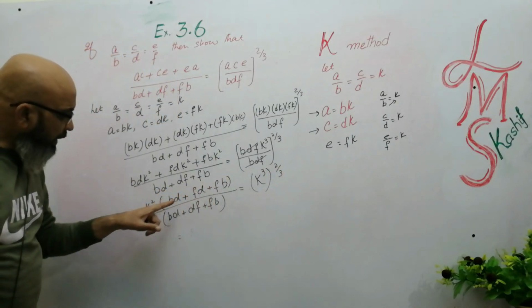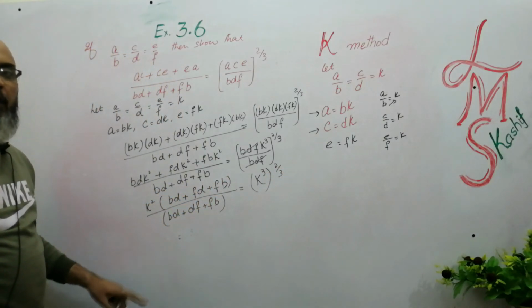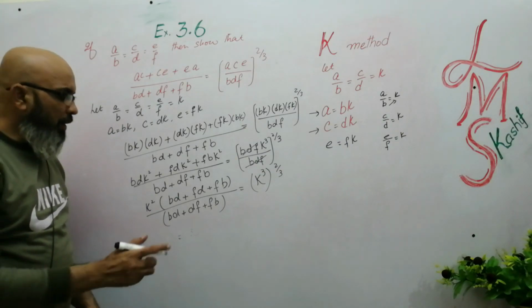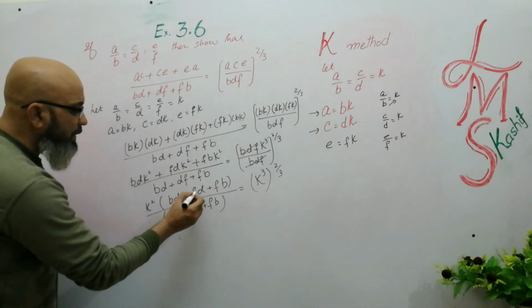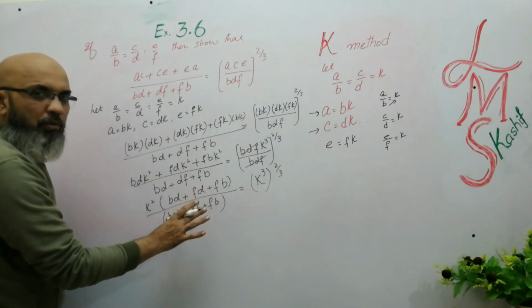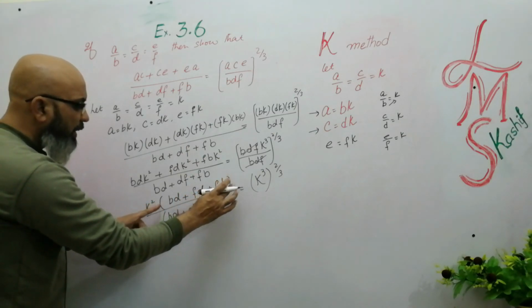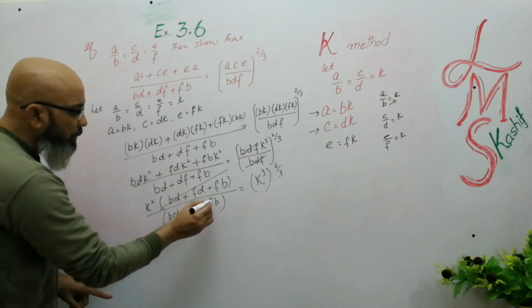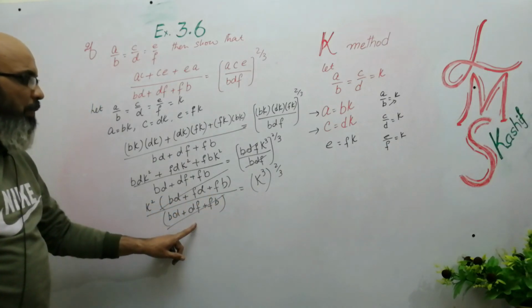Now this whole bracket cuts with this whole bracket. Now some students make a mistake here. They cancel bd with bd and fd separately. It's a wrong way to do this. The whole bracket cuts with the whole bracket.